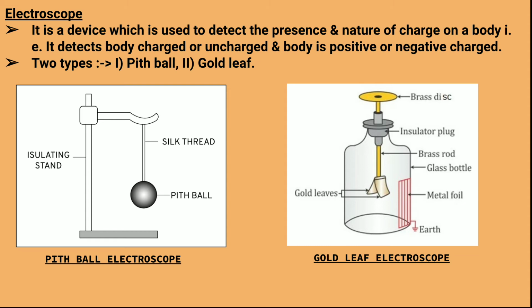So, what is an electroscope? It is a device which is used to detect the presence and nature of the charge, whether the body is charged or not, and whether the body is having negative charge or positive charge. So, that is detected by the electroscope. Now, this pith ball electroscope has an insulating stand, and from this stand a silk thread is hung, and from that silk thread there is a pith ball attached to it.